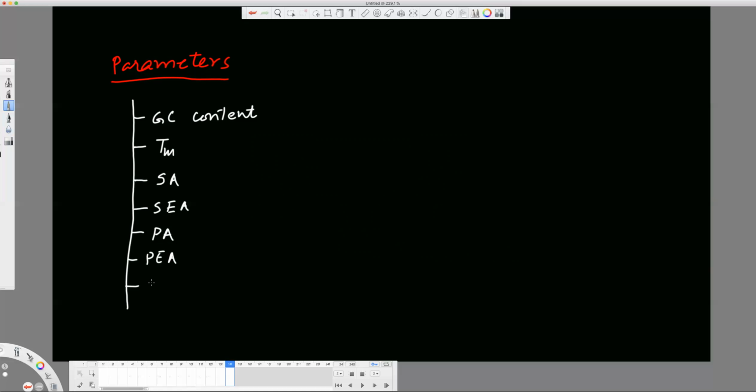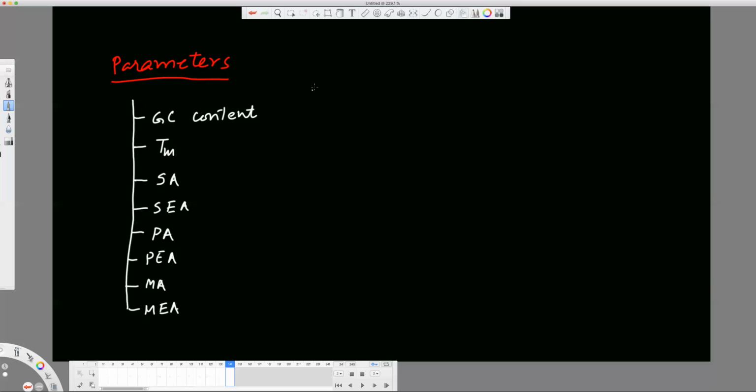So when you purify your DNA, the whole DNA is there, and it may hybridize to non-specific sites. So that's called mispriming annealing. So these are the main parameters on which we are going to score our primer sequences.